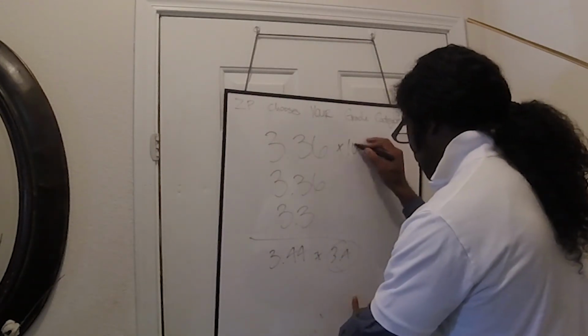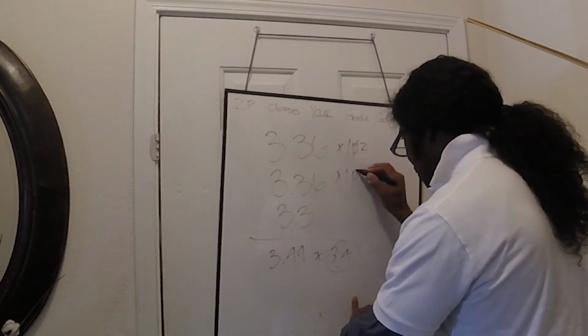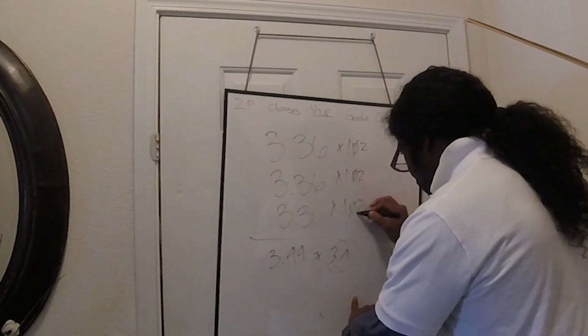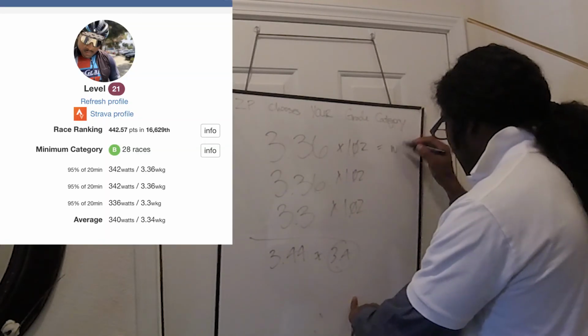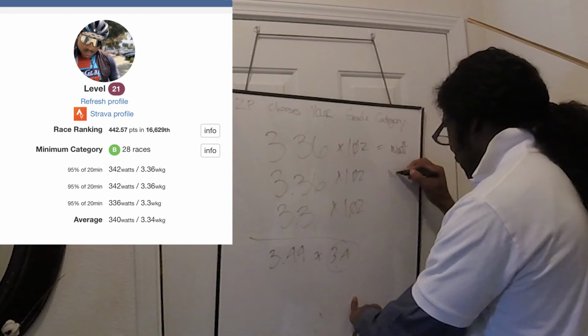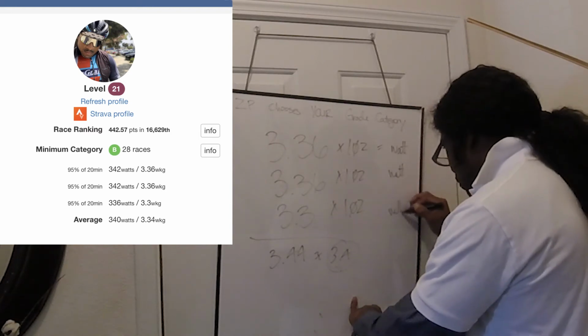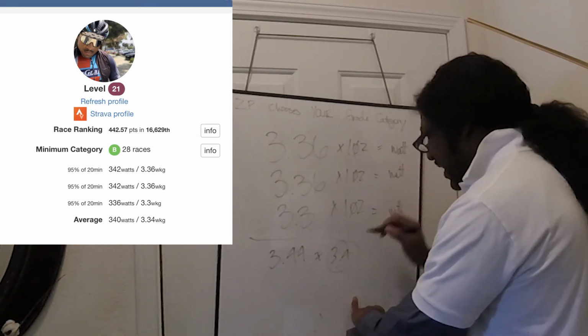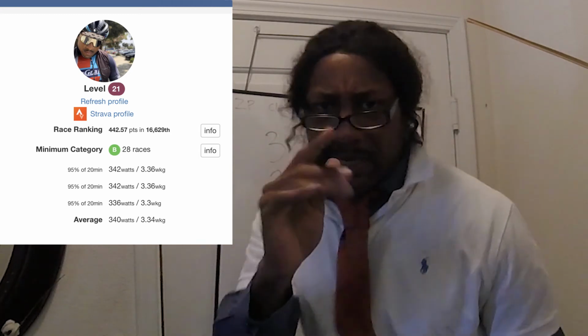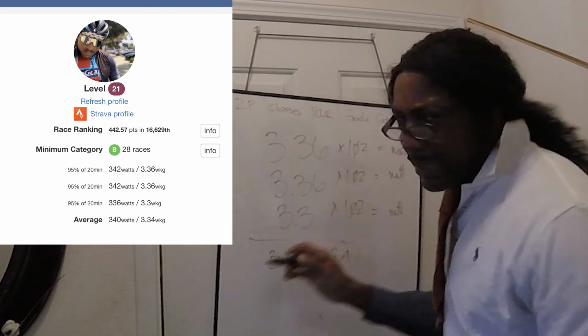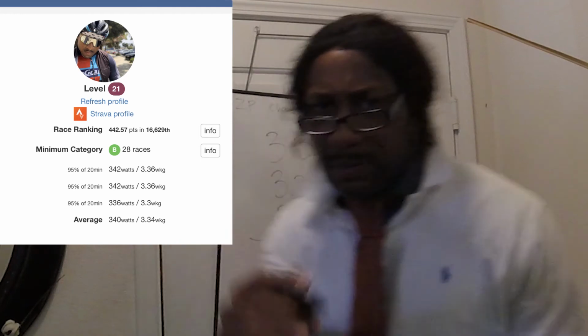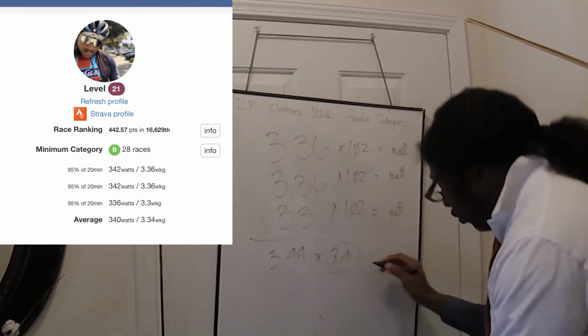So times 102. That gives you the wattage that Mr. Critwit does at those specific 95% of 20-minute power.